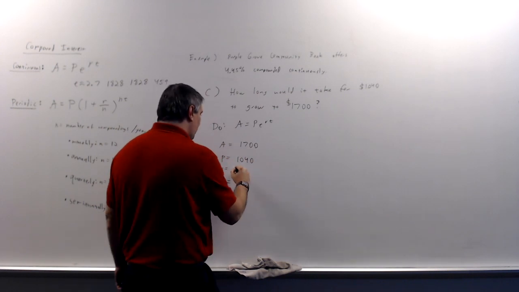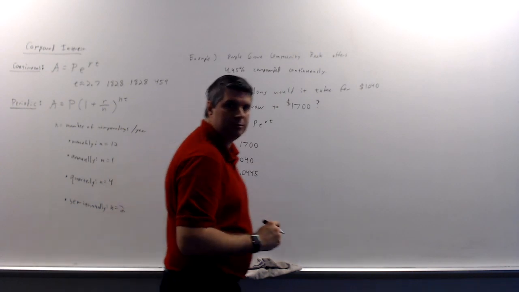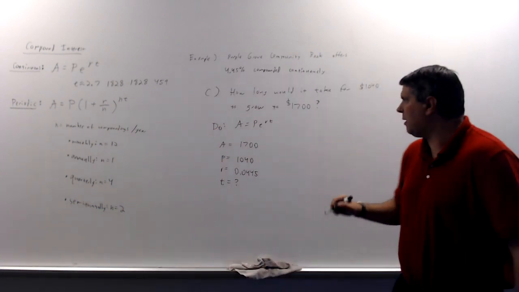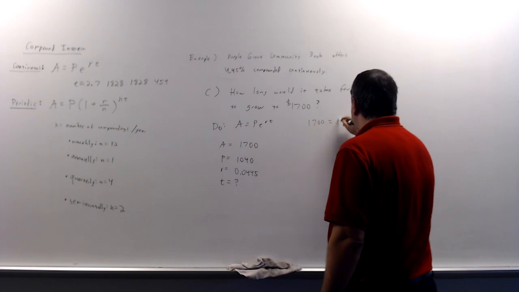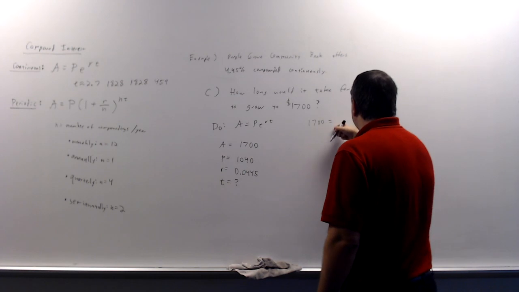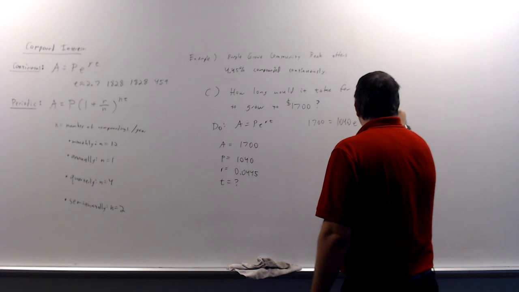The rate is 0.0445, and T is unknown. Okay, that's the question. So I want to know, when will 1,700 equal 1,040 times e to the 0.0445 t power.